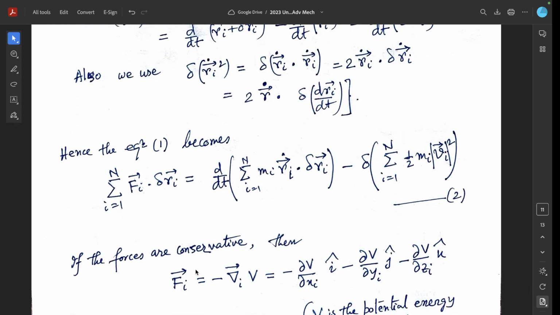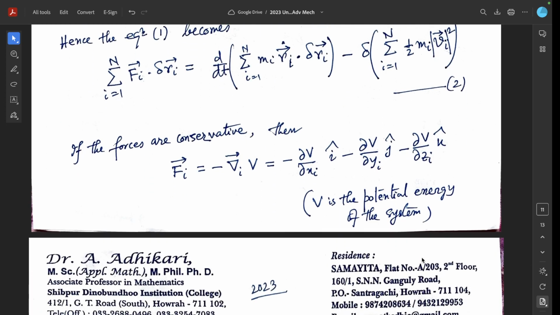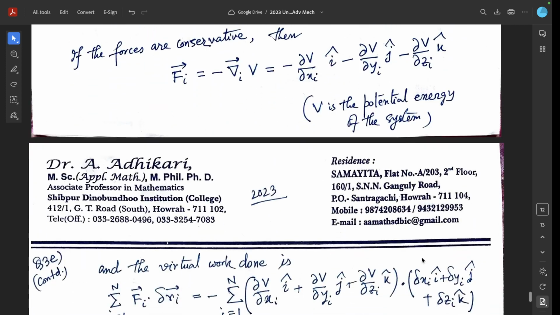And if the forces are conservative, so Fi vector equals minus grad i V, which equals minus del x i V i cap minus del y i V j cap minus del z i V k cap. This notation i is for the ith particle, and i cap is the unit vector along the x-axis, and V is the potential function of the system.